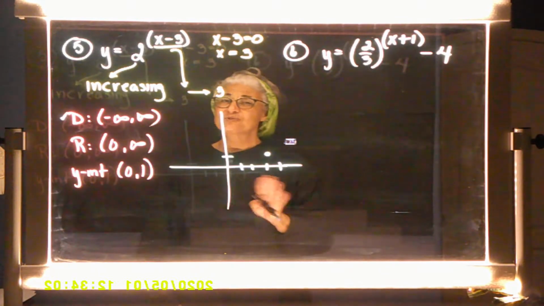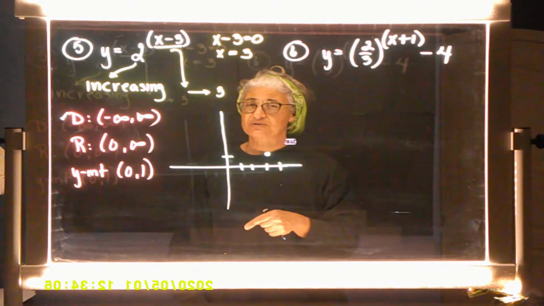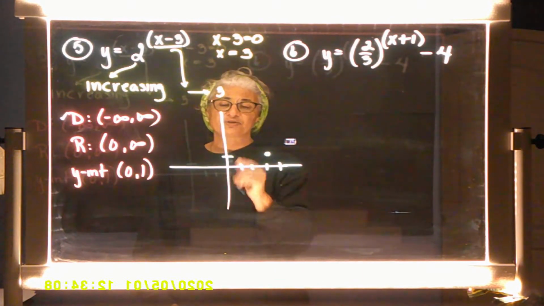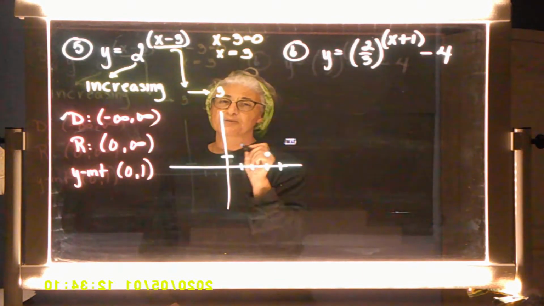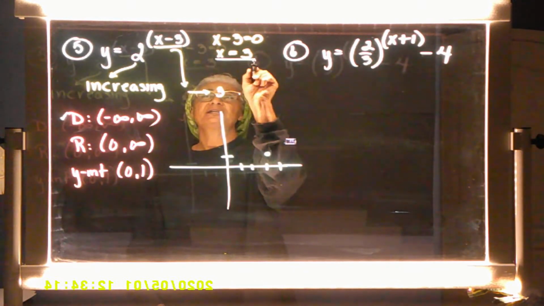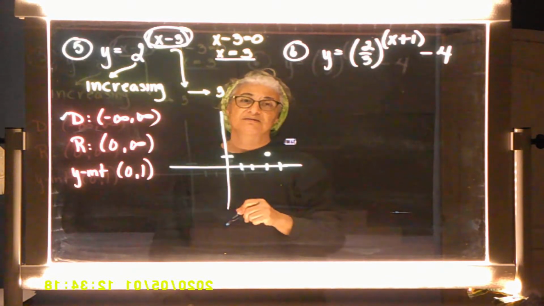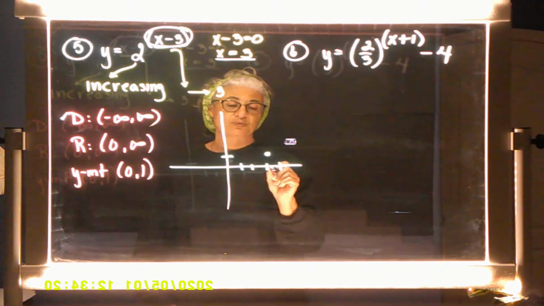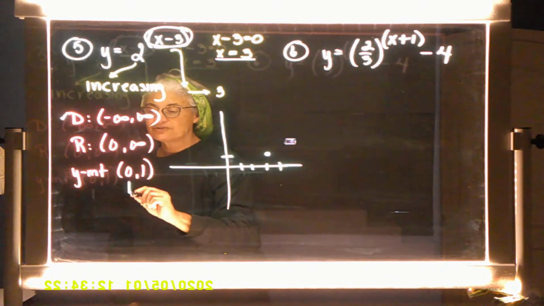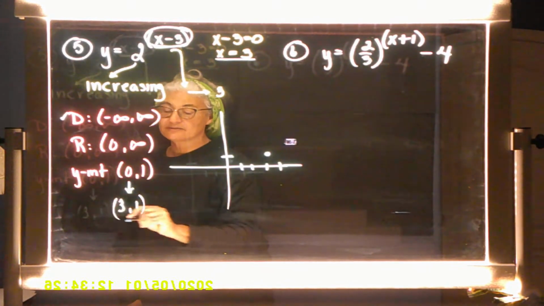And I don't really care that it's not a y-intercept. All I care about is where did the (0, 1) point move? Well, remember, you had to plug 3 in to make this parenthesis equal to 0 again. And 2 to the power of 0 was 1. So this y-intercept moved over to the point (3, 1).